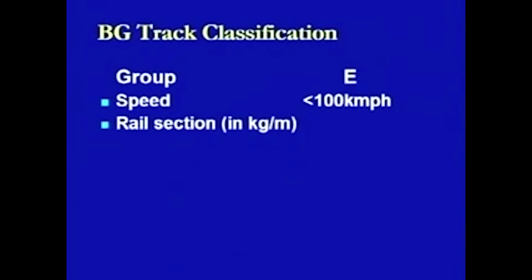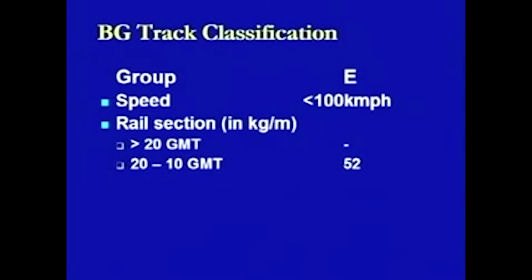Now coming to the last group in the broad gauge track classification category, that is group E, we found that the speeds are less than 100 kilometers per hour. For the rail section in kg per meter, in terms of traffic greater than 20 GMT, there are generally not cases where the traffic is going to be more than 20 GMT in the case of E category of broad gauge track classifications.